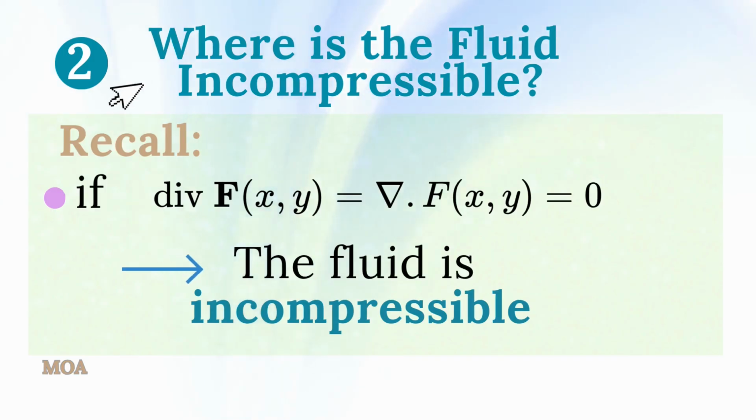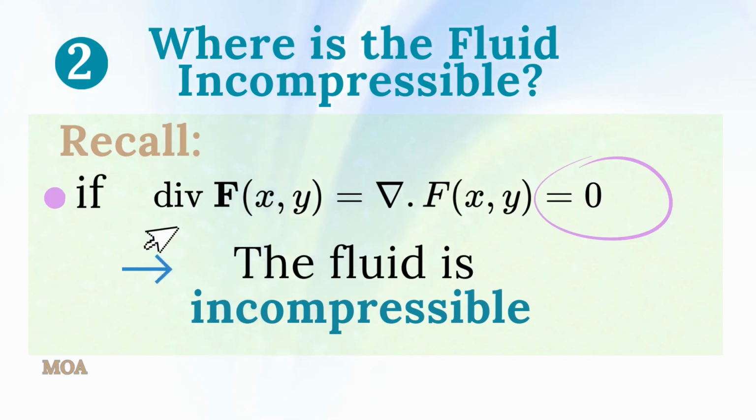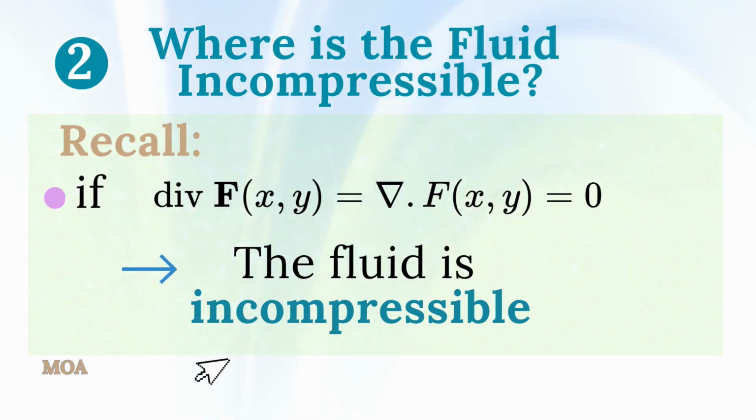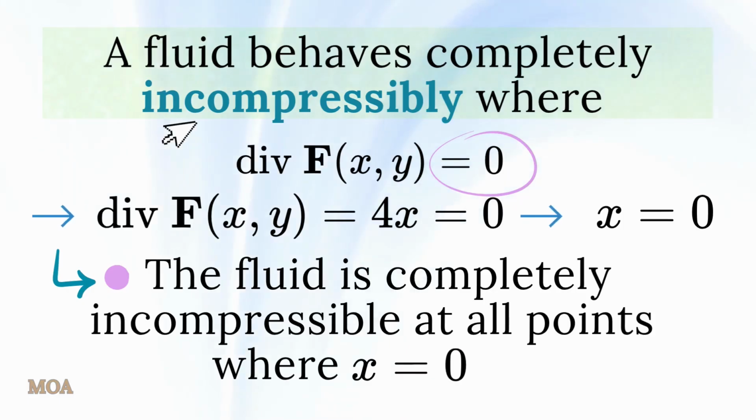What comes next? We need to determine where the fluid is completely incompressible. To do this, let's recall a basic condition. If the divergence of the vector field F, also expressed as del or nabla dot F, equals 0, then the fluid is incompressible. Now, let's apply this. A fluid behaves completely incompressibly where its divergence equals 0.